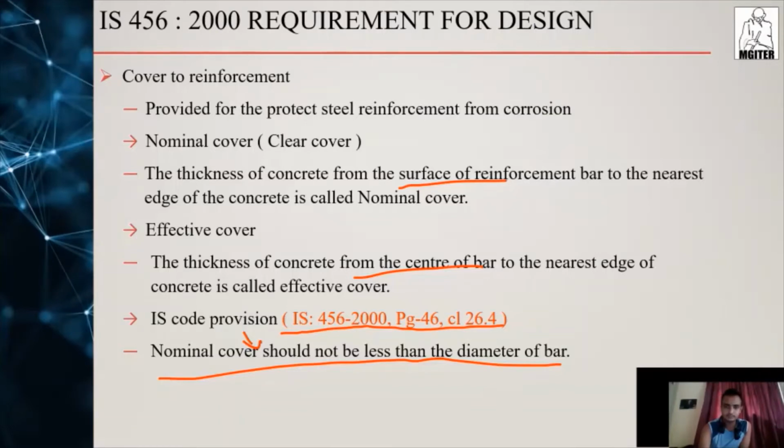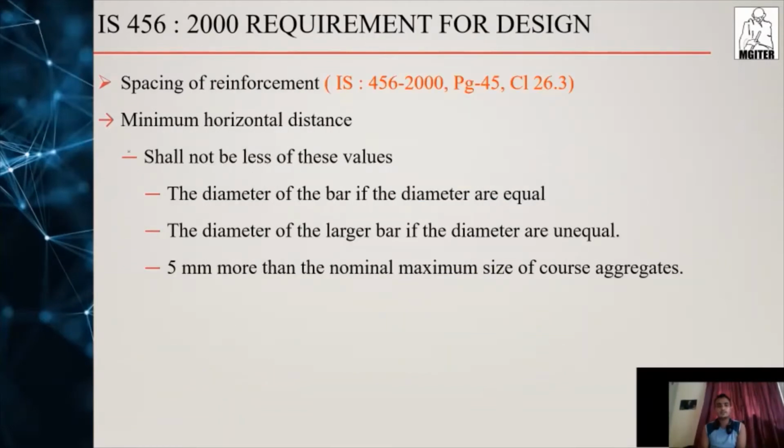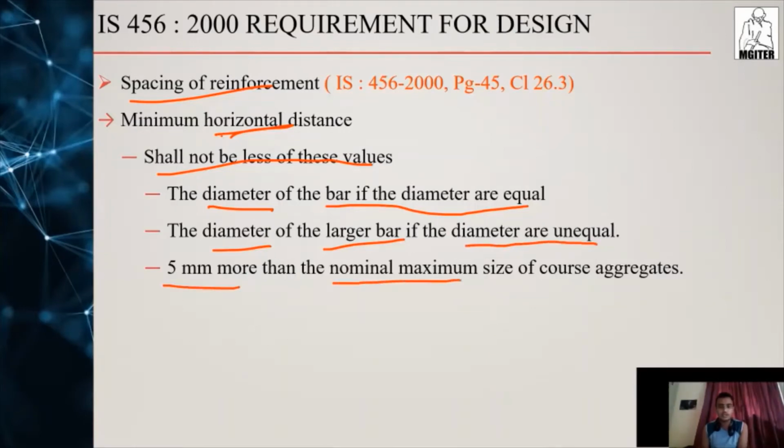Then after, spacing of reinforcement. The horizontal distance shall not be less than these values. What are the values? The diameter of bar if diameters are equal, the diameter of the larger bar if diameters are unequal, or 5 mm more than the nominal maximum size of coarse aggregate.